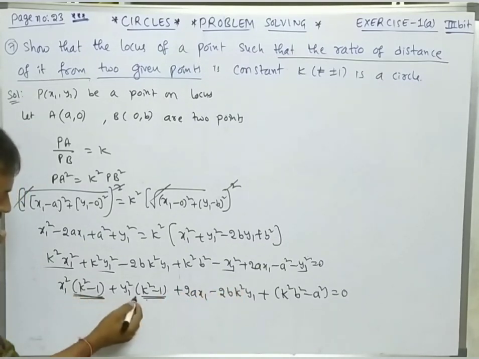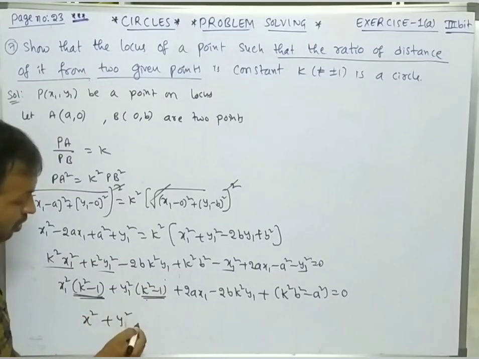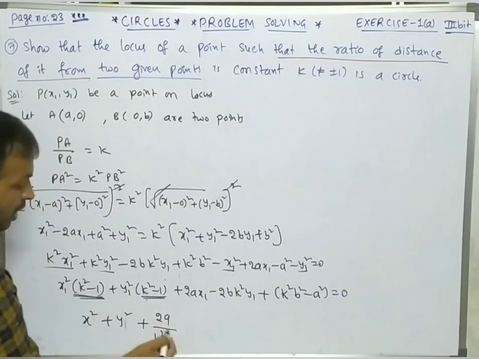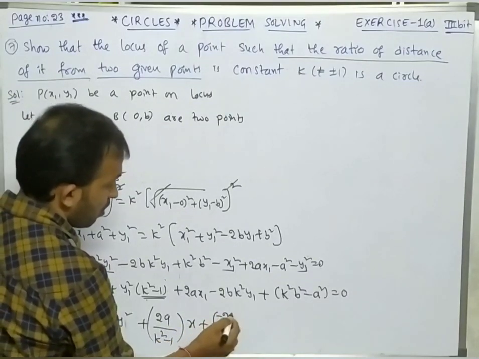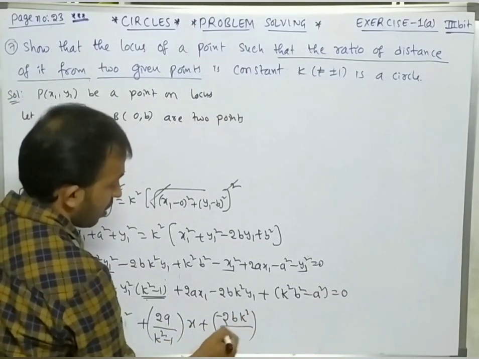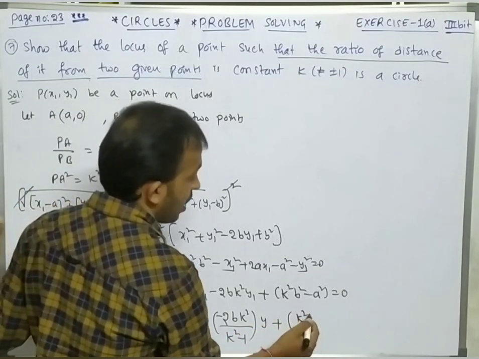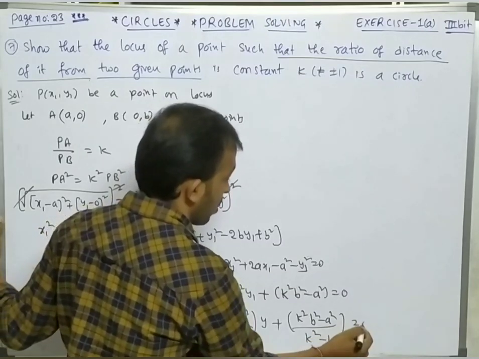x square plus y square plus 2a by (k square minus 1) into x, I am dividing all terms by k square minus 1, minus 2b k square by (k square minus 1) into y, plus (k square b square minus a square) by (k square minus 1), which is equal to 0.